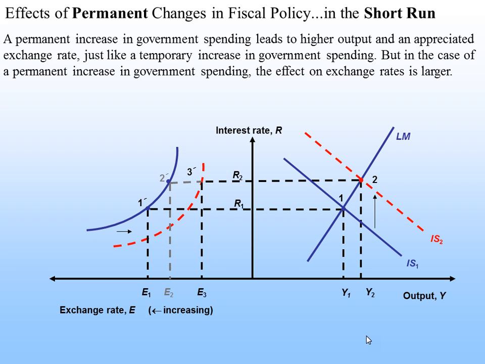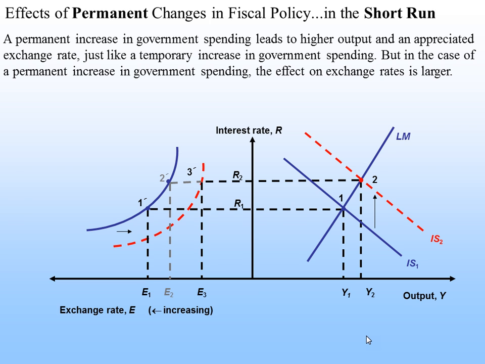It raises the equilibrium interest rate in order to keep money markets in equilibrium. That leads to an appreciation of the currency. But instead of an appreciation from E1 to E2, we get a bigger appreciation from E1 to E3, because if it's permanent, when it's implemented, or when it's announced for that matter, it changes market participants' expectations of the long-run exchange rate, and they begin to expect this appreciation.